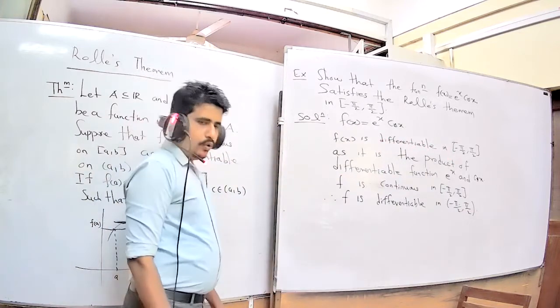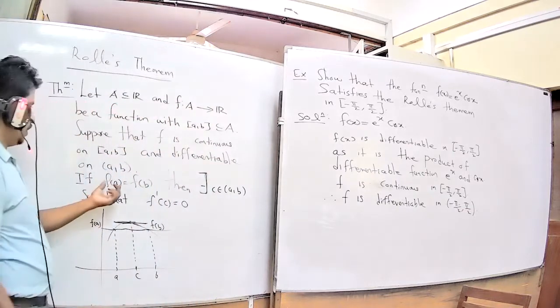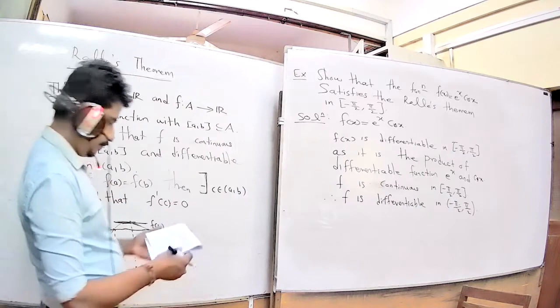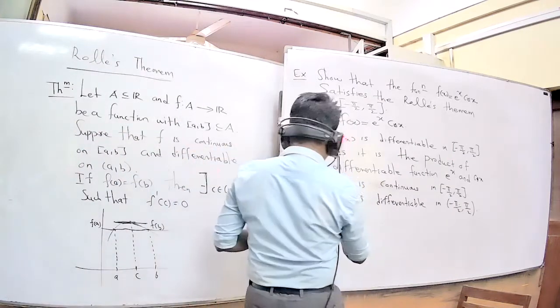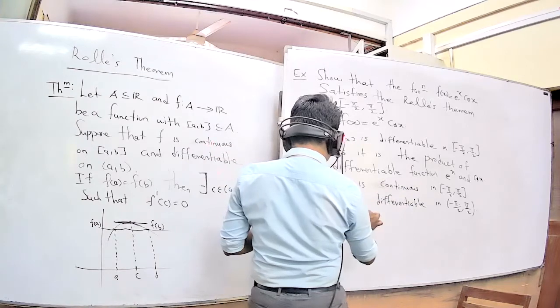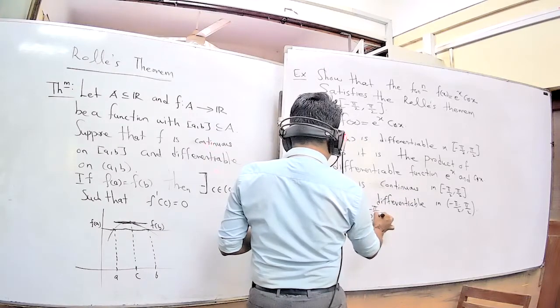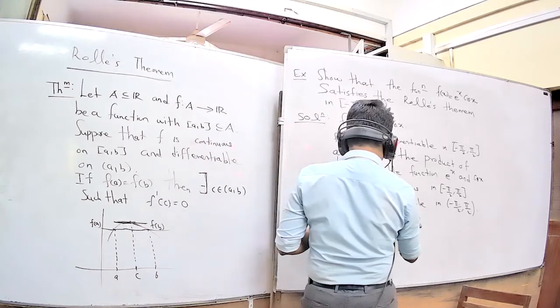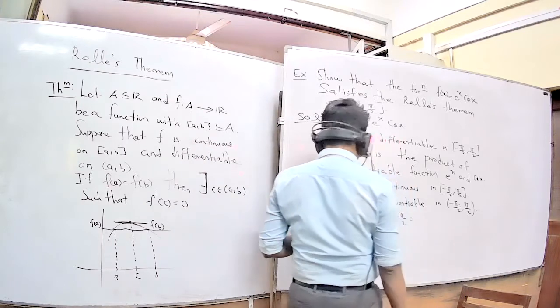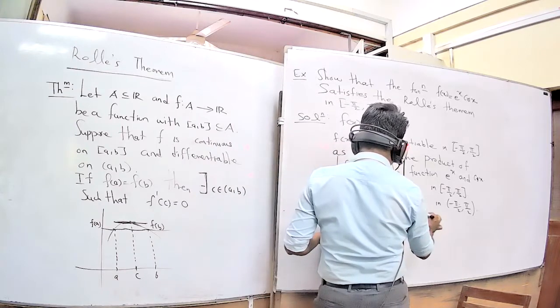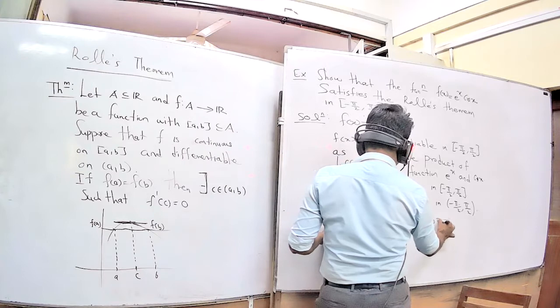Now remaining, you want to check whether f of a equals f of b or not. The point a is minus pi by 2, no? f of minus pi by 2 is e power minus pi by 2 cos minus pi by 2, which is e power minus pi by 2 cos pi by 2.